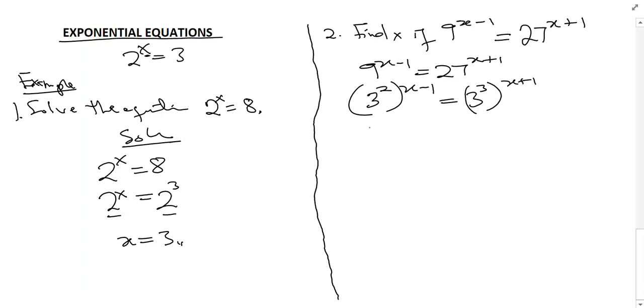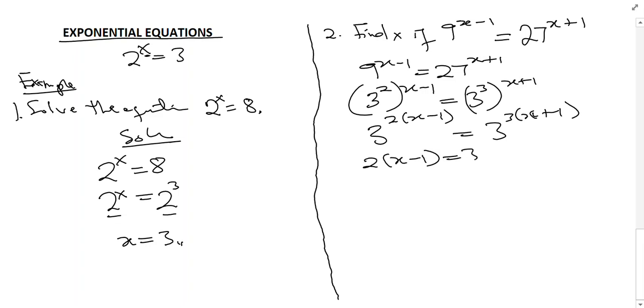So going forward, I can say I have 3 to the power 2 into bracket x minus 1 as my exponent, and 3 to the power 3 into bracket x plus 1. So now that our bases are all 3, we can take their exponents and solve them. Equating their exponents, I have 2 into x minus 1 equals 3 into x plus 1.